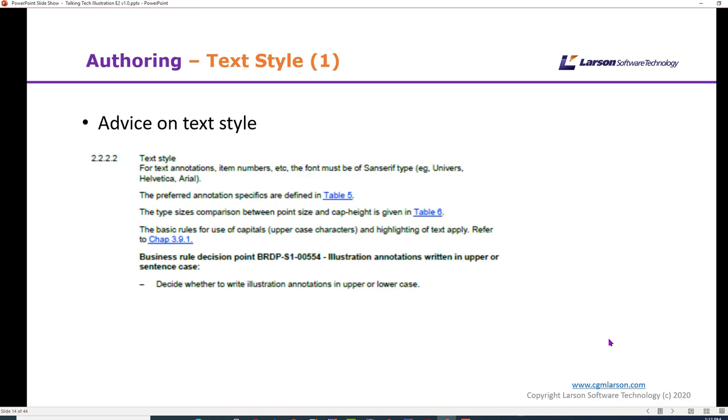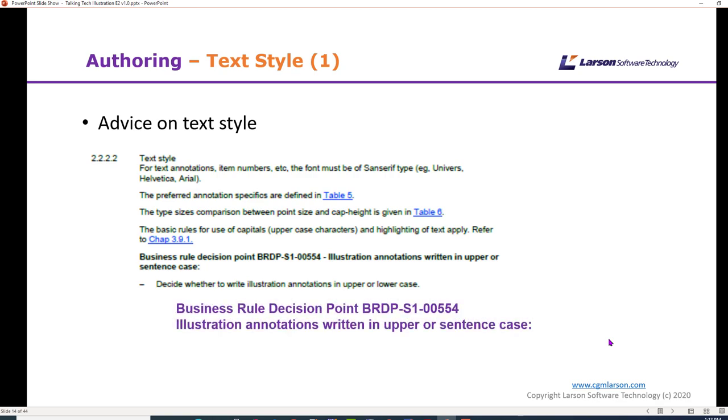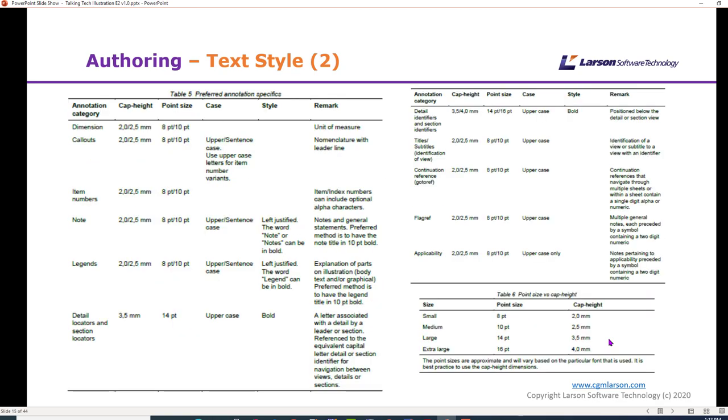So again, you just need to make sure that you follow the guideline or the rule on that. Text style differs for callouts, item numbers, notes, legends. So again, take note of the point sizes that are required, and perhaps the case, uppercase or upper and lower case or sentence case.